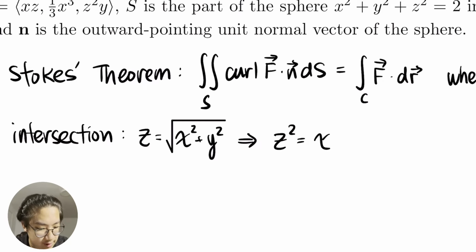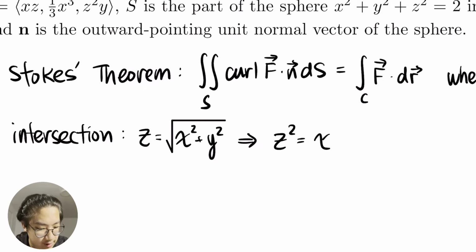And from this we can easily parameterize using sine and cosine. So we have x is equal to cosine of t, and y is equal to sine of t. Let's check to make sure. Yep, and then z is equal to 1.